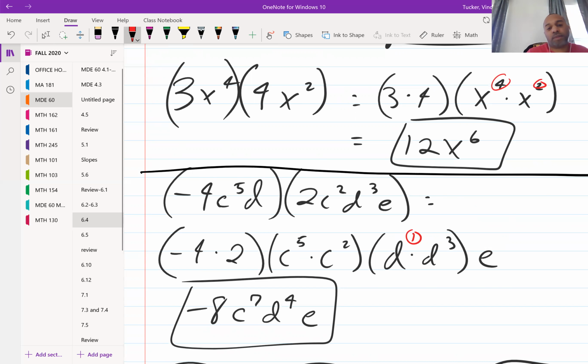So negative 4 times 2 is negative 8. C to the fifth times c to the second is c to the seventh. And then d times d cubed is d to the fourth.